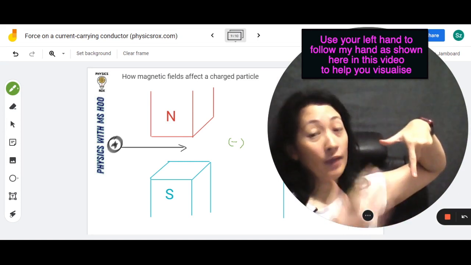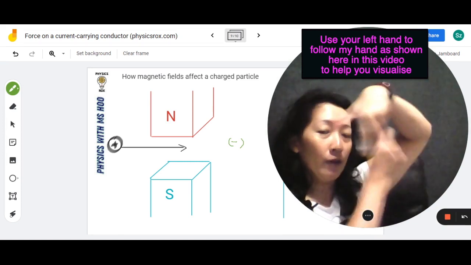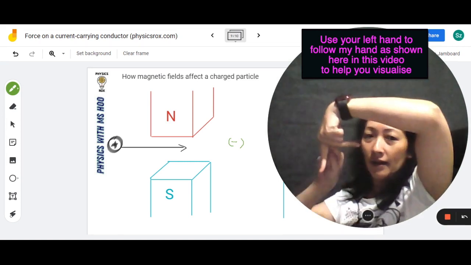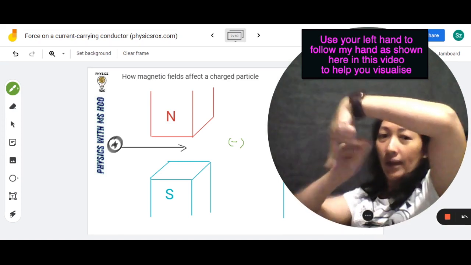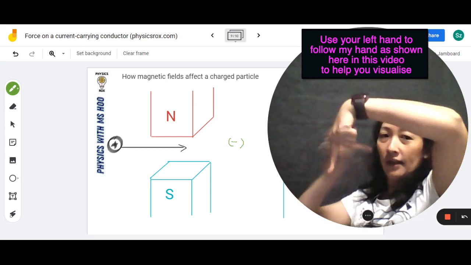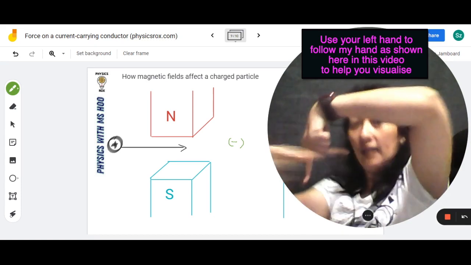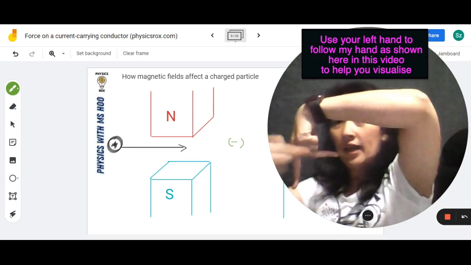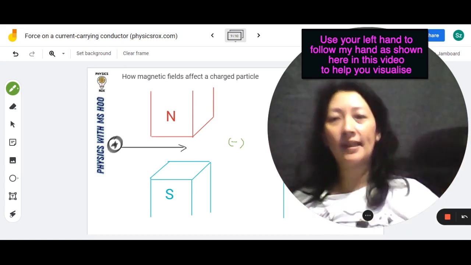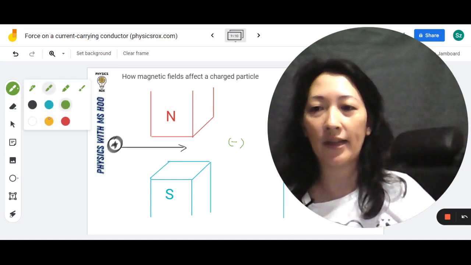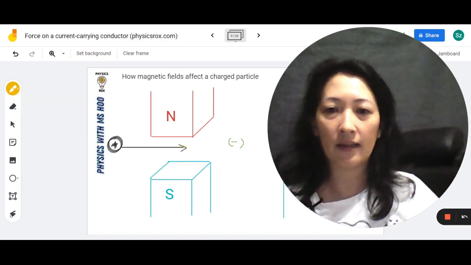Current flows from positive to negative. So if we're looking at your current finger, the current goes from positive to negative. We're following that direction, positive to negative. So you can see from here, the thumb is pointing this way. It's moving away from you, which means that the force created here is this way.